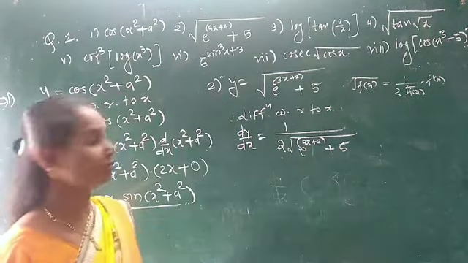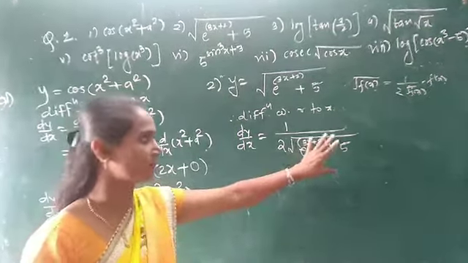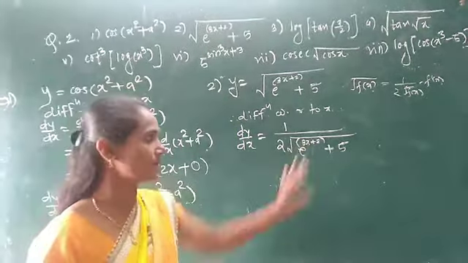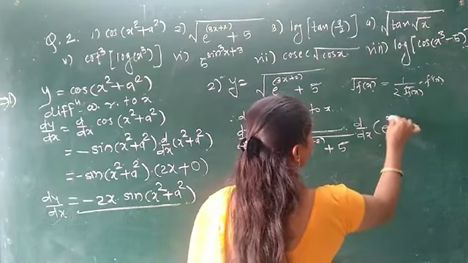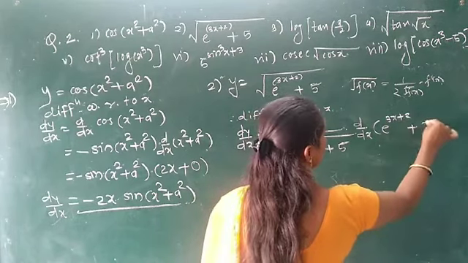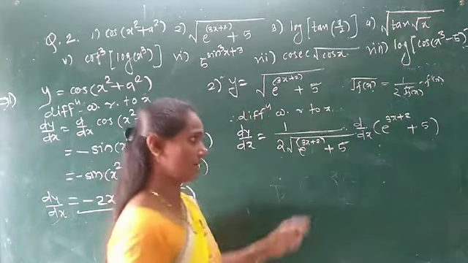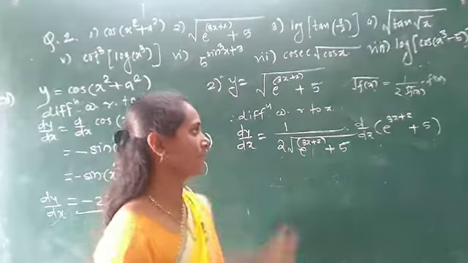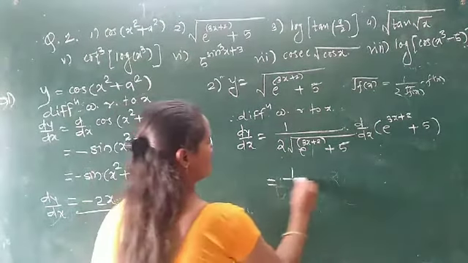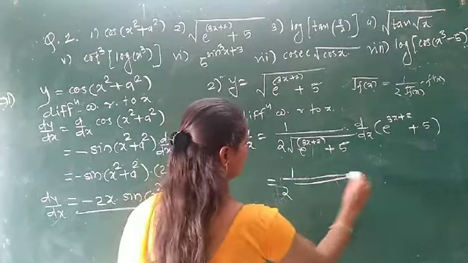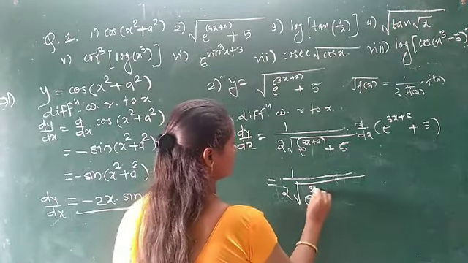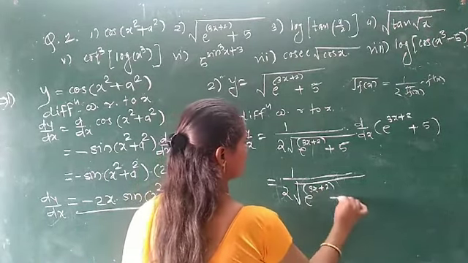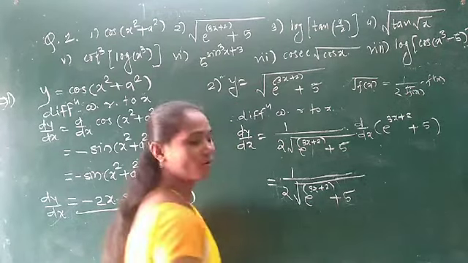The derivative of root is 1 upon 2 root of this function, multiplied by the derivative of the function. So what is the function here? e raised to 3x plus 2 plus 5, that is our function, and we have to multiply this term by the derivative.